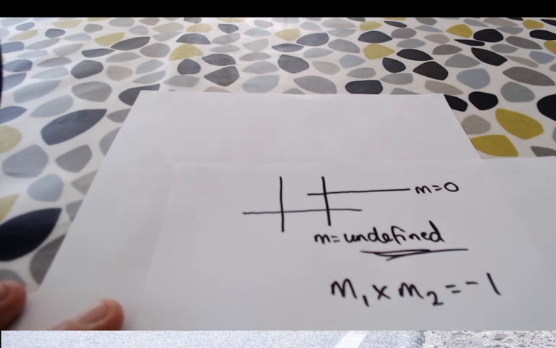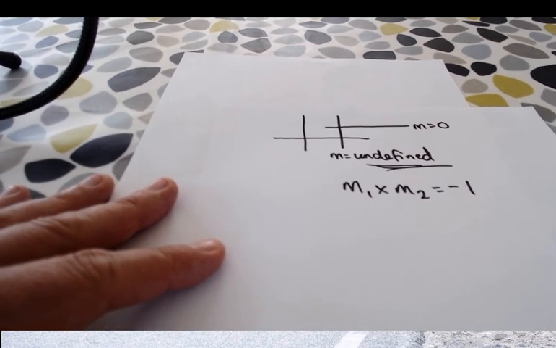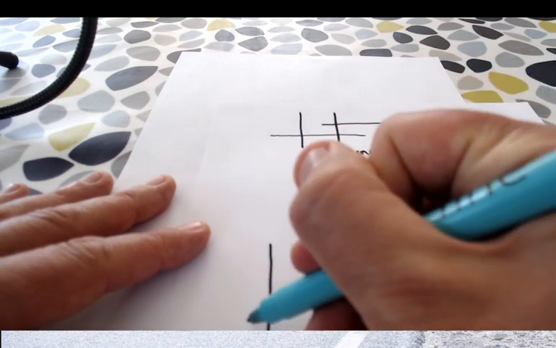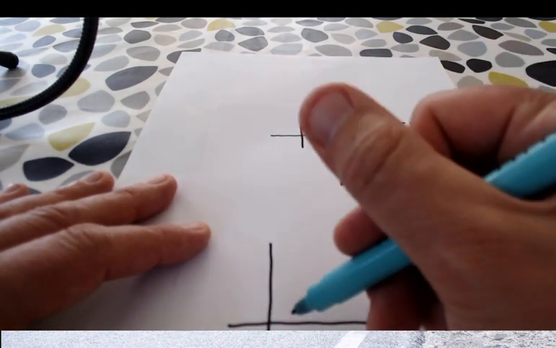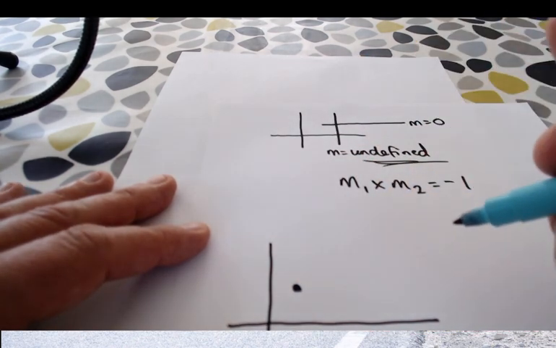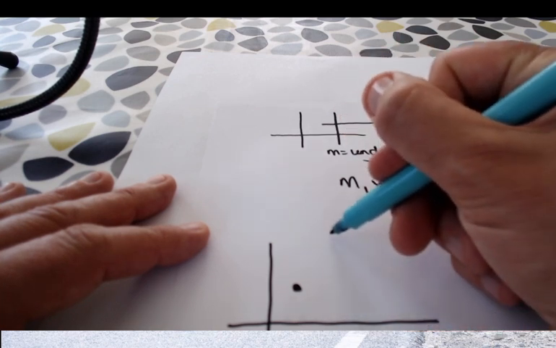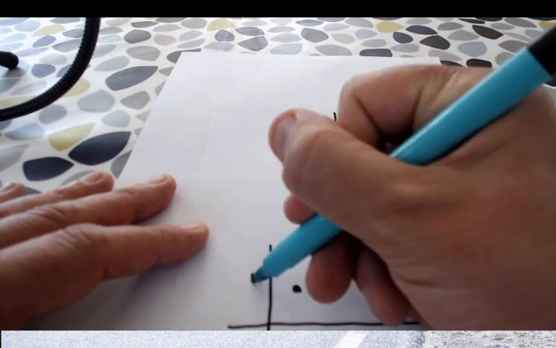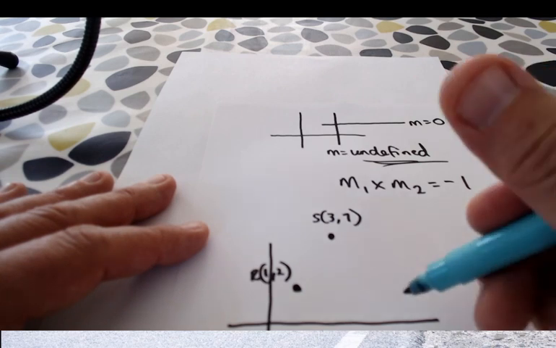The other thing that we can do with this is we can try and prove if something is right angled or not, particularly triangles. So what I'm going to do is draw a little triangle out. We're going to say that R is the point 1, 2. We're going to go with S as the point 3, 7, and we're going to go with T as the point 6, 0.